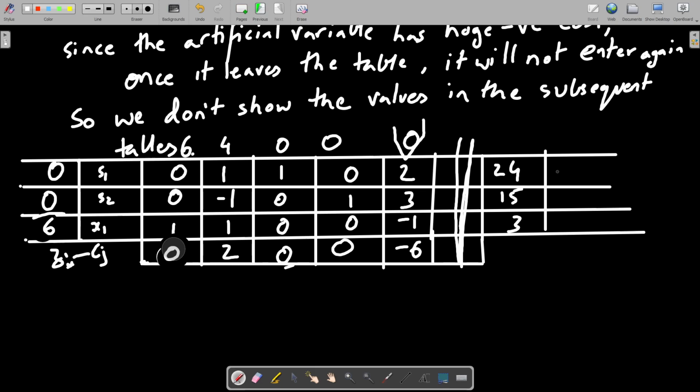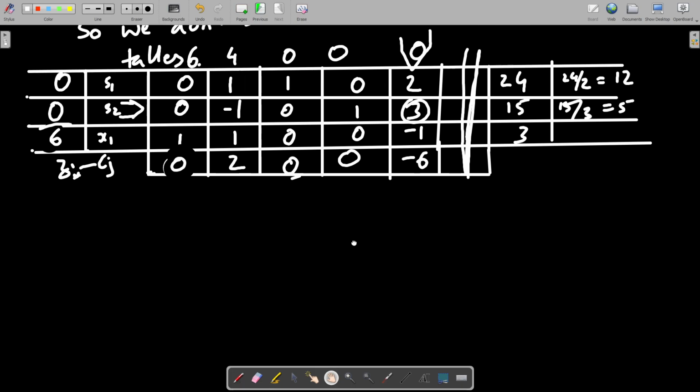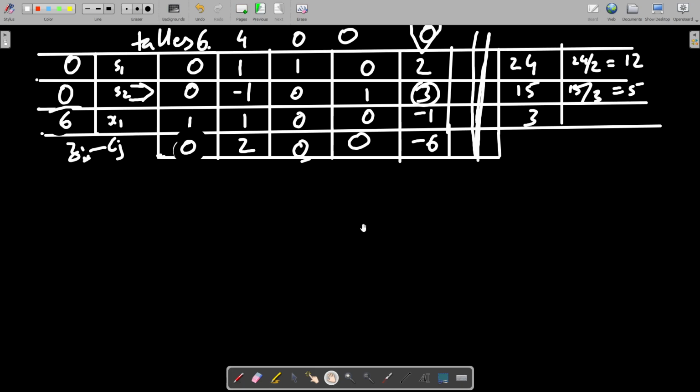So anyways, the ratios you calculate here. 24 by 2, that gives you 12. Here you get 15 by 3, that gives you 5. So this is the outgoing, and this becomes my pivotal element. Okay, so let's do the table again.